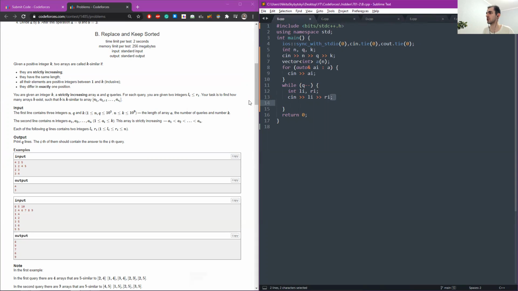Which I'm guessing is more or less the number of free elements. Not exactly, not exactly.